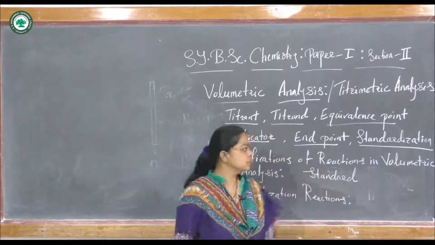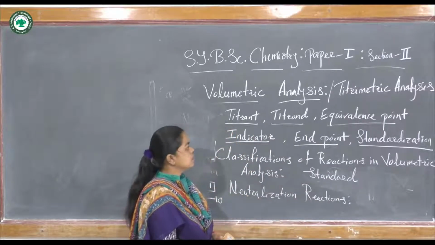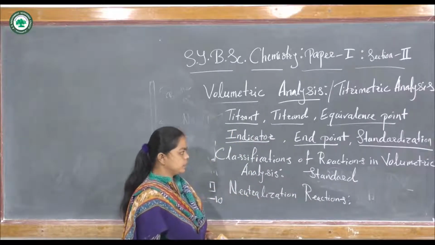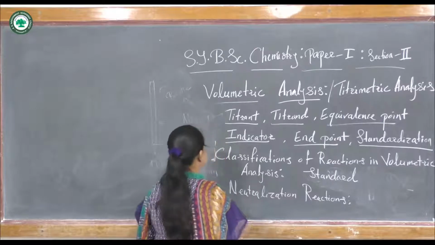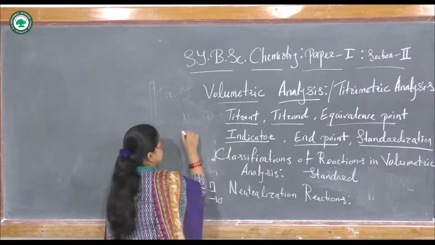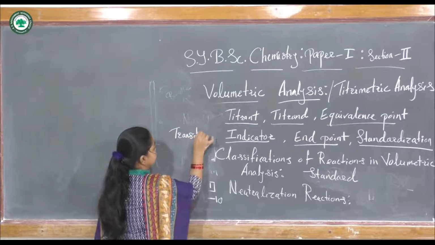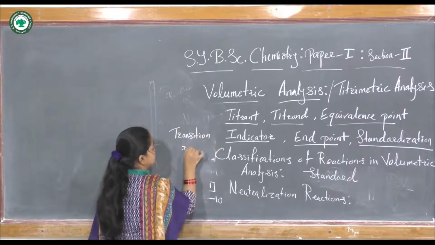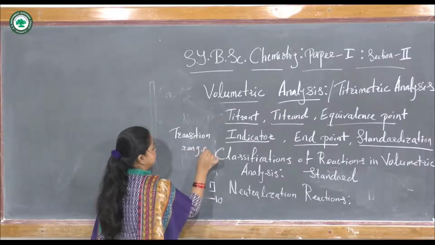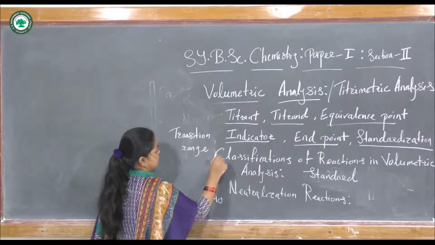Now the next term used in this case is the transition range for the pH for the indicator.